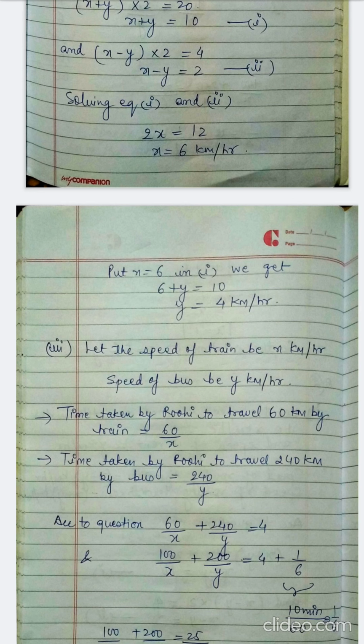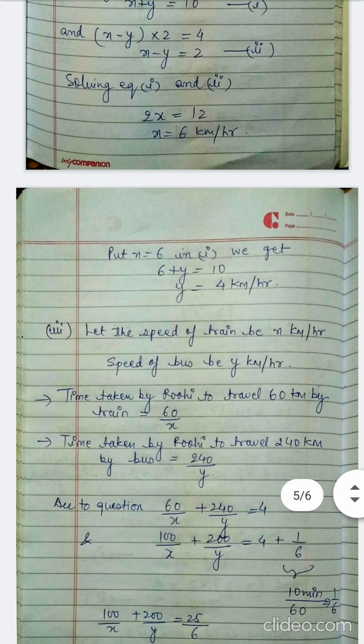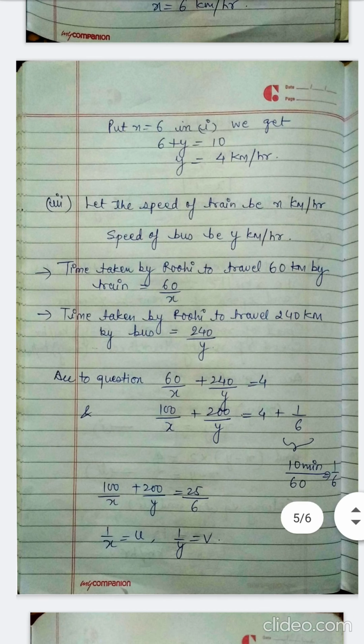Now, according to the question, let the speed of the train be x km per hour and the speed of the bus be y km per hour. Time taken by Ruhi to travel 60 km by train is 60 upon x, and time taken to travel 240 km by bus is 240 upon y, because the total distance is 300 km. If she travels 60 km by train, then the remaining 240 she travels by bus.